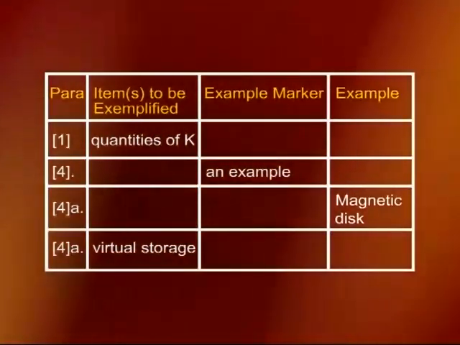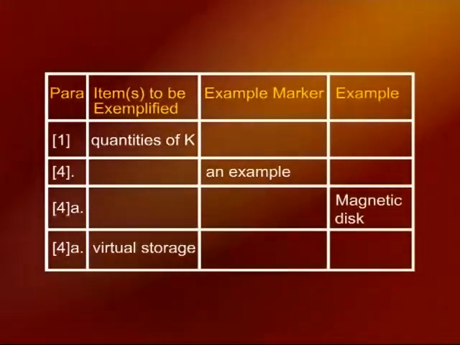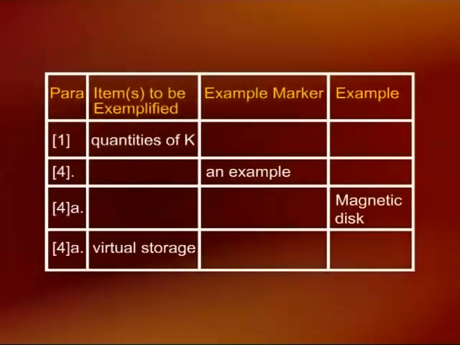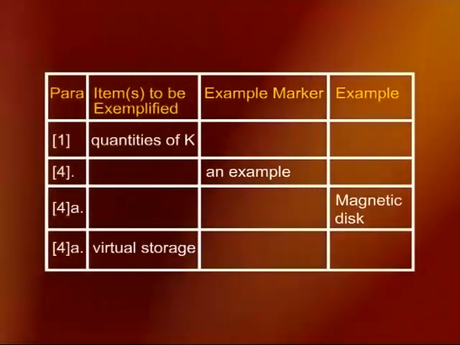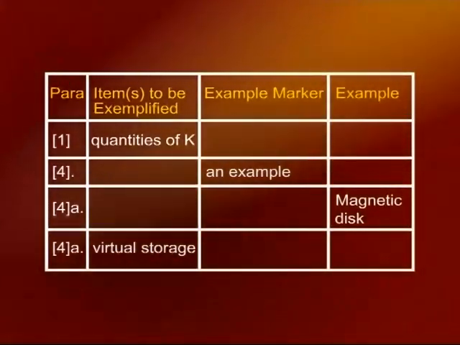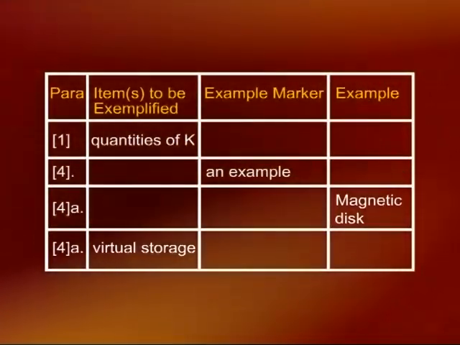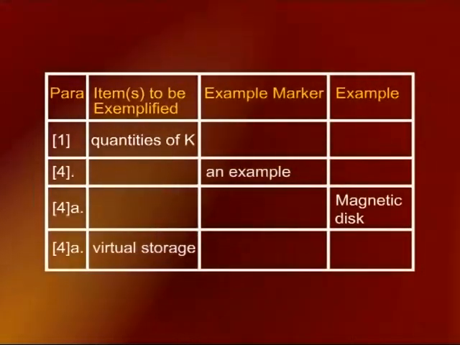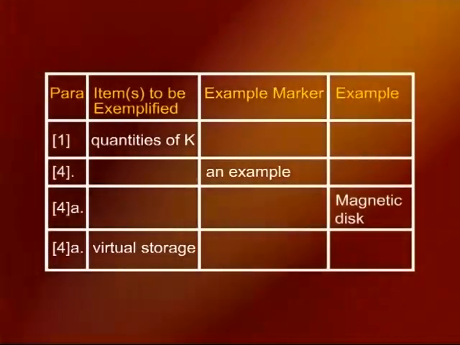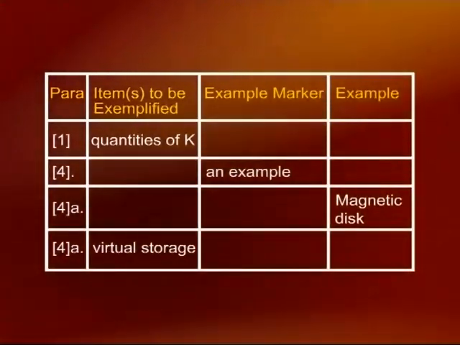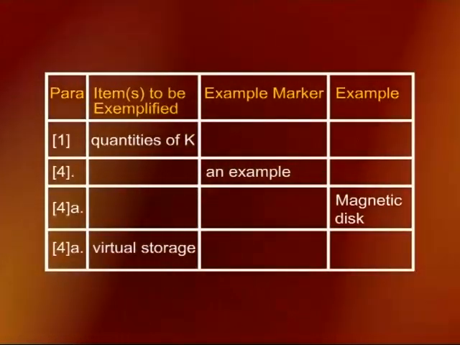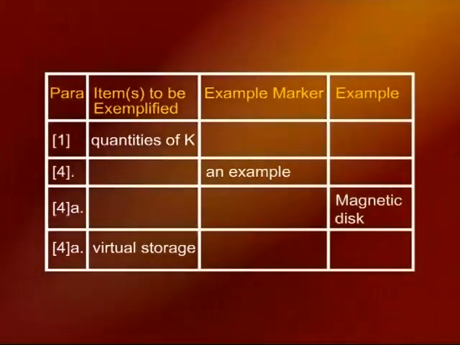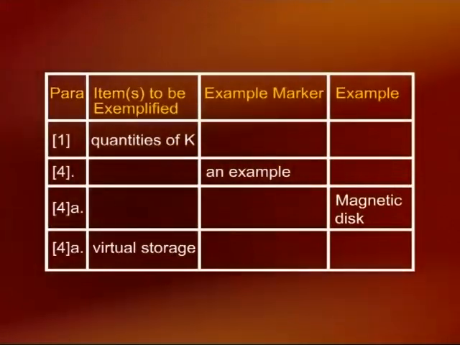What is the example marker that is used? The marker used is for example, and the actual example given is memories of 16K or 152K. In paragraph 4, you find an example.